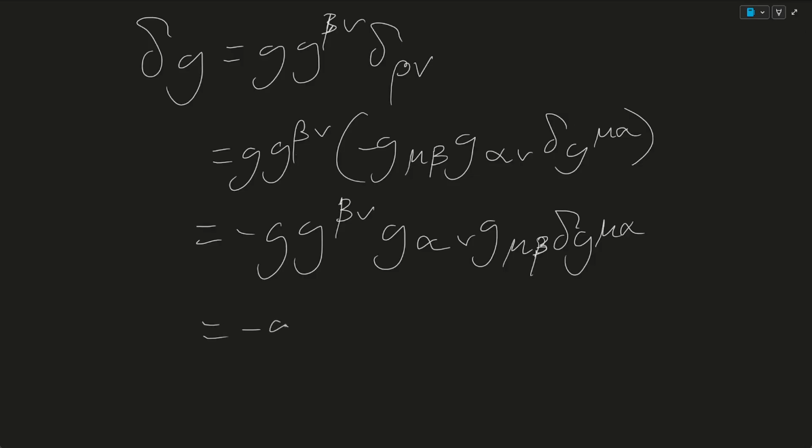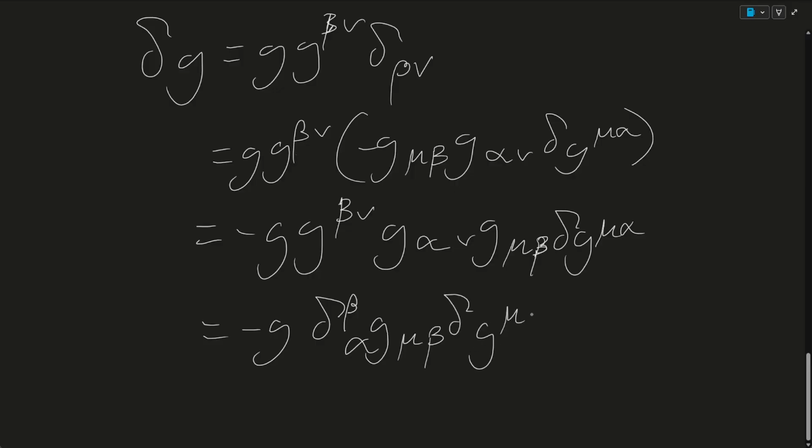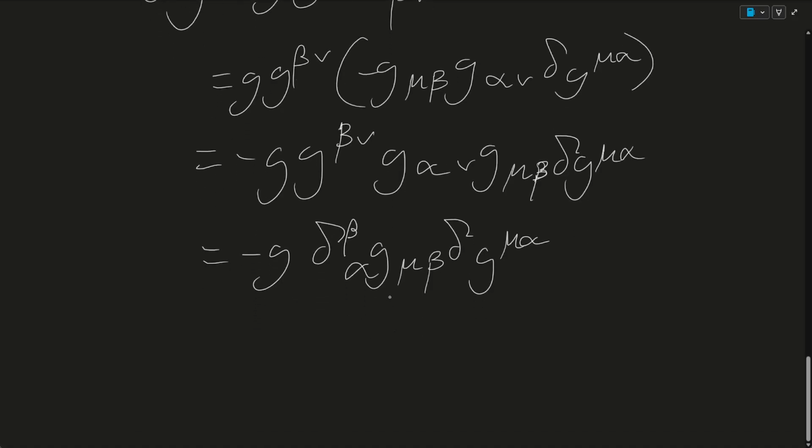So we get that this is minus g delta alpha beta, g mu beta delta g mu alpha, which simplifies because we get rid of some things.